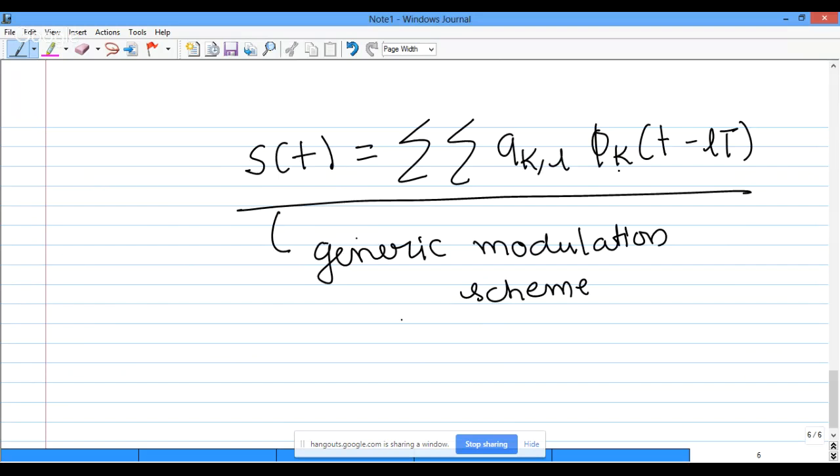So for example, if I want to think of a PAM modulation scheme from this modulation scheme, I know that I just have one orthonormal dimension. If I want to think about QAM from this modulation scheme, then I know that I will have two orthonormal functions. Okay. And if I want to have, let's say, more than two orthonormal functions, then I am talking about orthogonal modulation schemes.